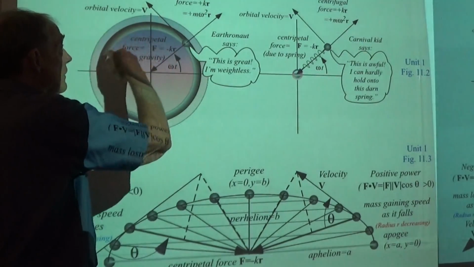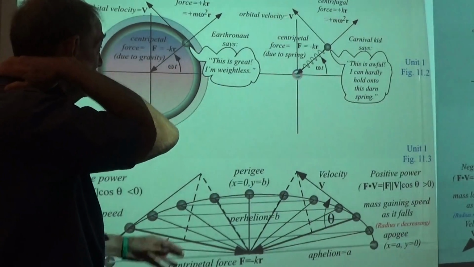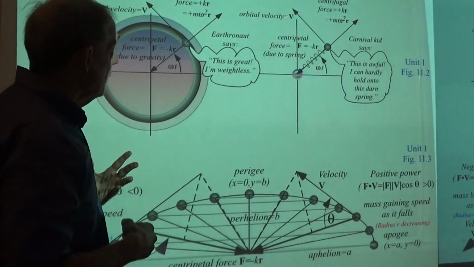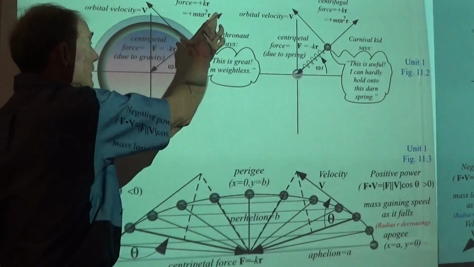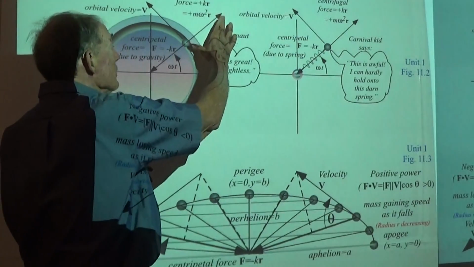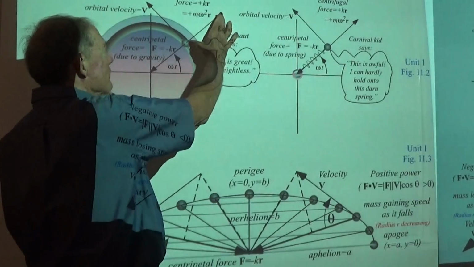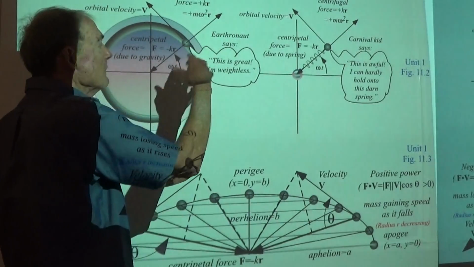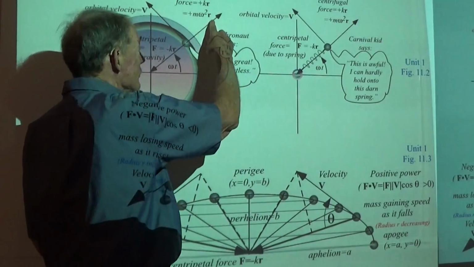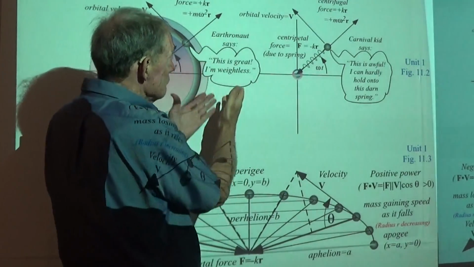And the idea is that riding on that, you would be weightless. Basically, the gravitational force and the centrifugal, center fleeing force, this is the centripetal force, this is the centrifugal, that we'll be talking about in a little bit, and that's m omega squared r. That cancels, so I'm weightless.